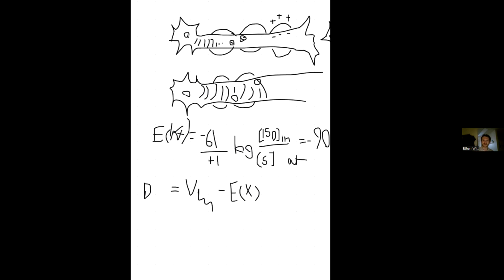This is really the meat and potatoes of what drives homeostasis and electrochemical gradient.